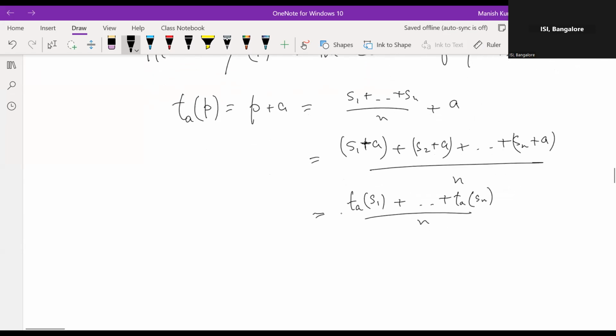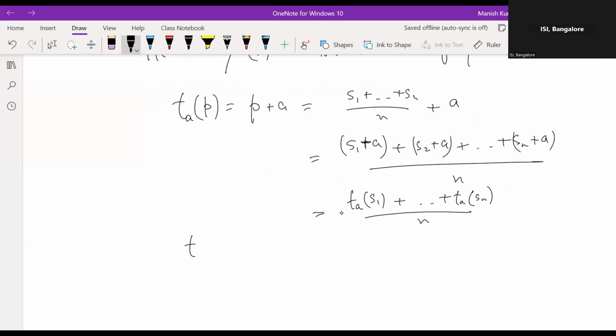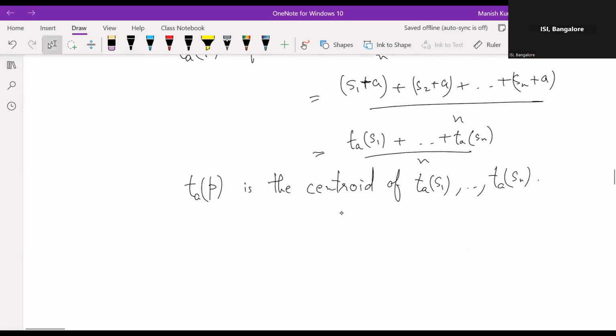So that tells you that TA of P is the centroid of TA S1 to TA Sn.